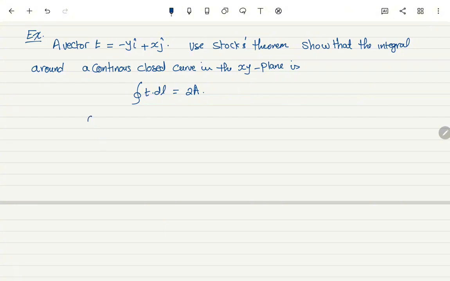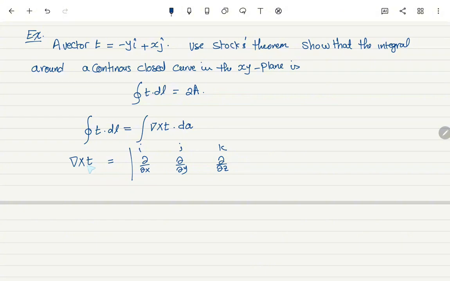So, with the aid of Stokes' theorem, the closed integral of t dot dl is equal to the integration of curl t dot d area. Now let's find curl t, and open the determinant: i, j, k, partial x, partial y, partial z.